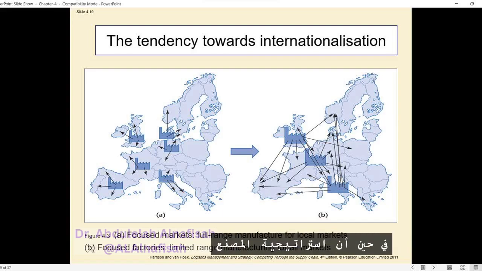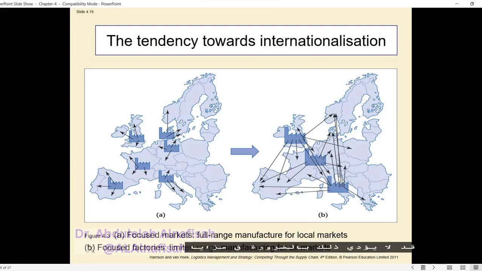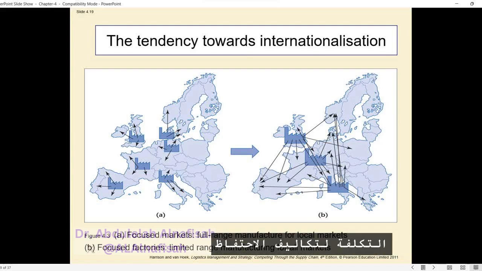However, while the focused factory strategy may deliver cost advantages in terms of production costs, it may not necessarily result in cost advantages for inventory holding costs and transport costs. This implies that although consolidating production may be efficient and cost-effective, it may introduce challenges in managing inventory and transportation logistics across different markets.